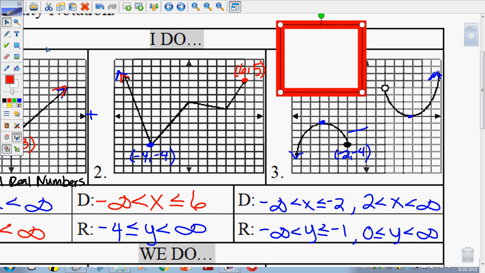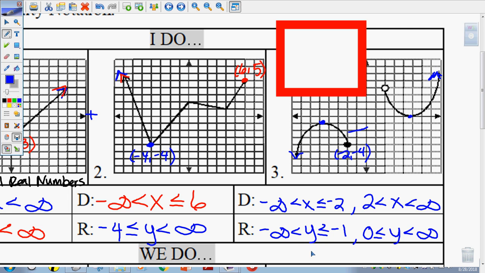The arrow means negative infinity. So it started over here at negative infinity, and then it works its way, and it ends here at negative 2, negative 4. Agreed? So when I write the domain from this, I have negative infinity less than x, which is less than or equal to negative 2. And that's what we wrote for our domain.